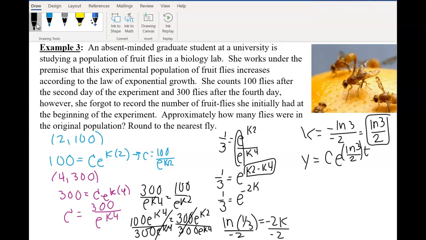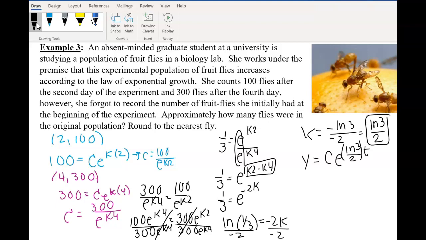Any point we want to use could be used. So we still don't really know our C value, but what did we say over here? We said that C was equal to 300 over e^(4k), or C was equal to 100 over e^(2k). And we also know k is ln of 3 over 2.